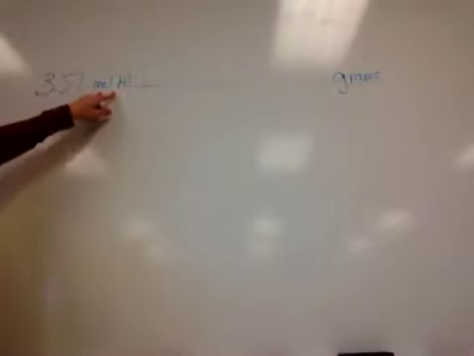So now I want to skip and go to page 329. So 329, the first question is number 17. What does it give me?